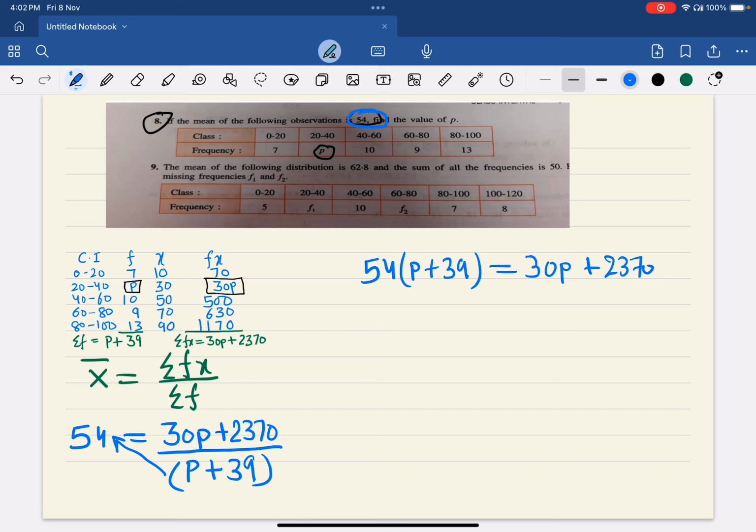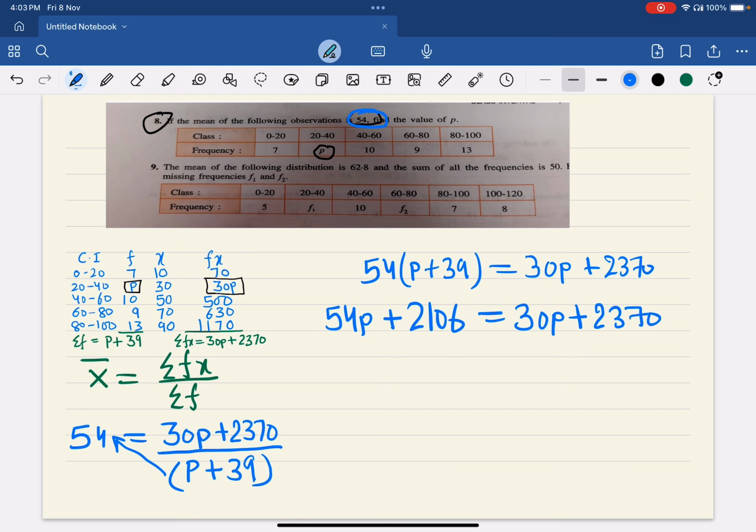So this will give us 54p plus, now we have to do 54 times 39, which gives 2106, and then 30p plus 2370.